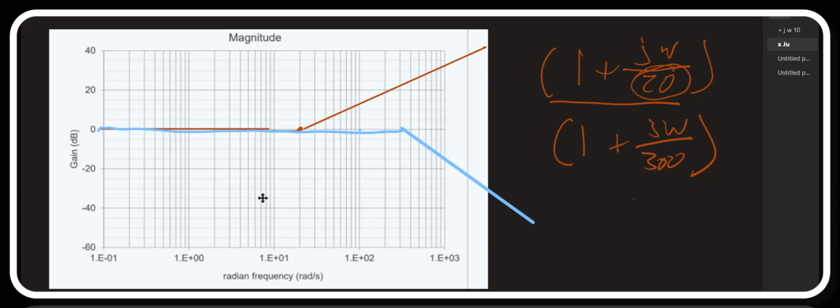So simple poles and simple zeros are going to be 0 right here. They're not going to give you anything. But poles and zeros through the origin go through 1, 0, and they have a slope of either plus 20 for a 0 or minus 20 for a pole. So if I have a 0 through the origin, that has a slope of plus 20.